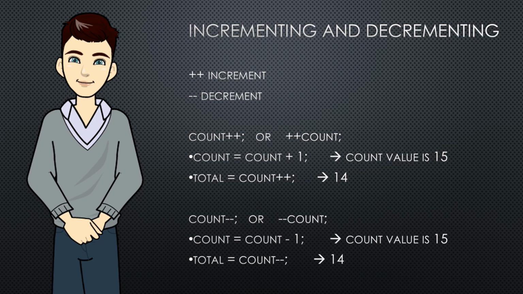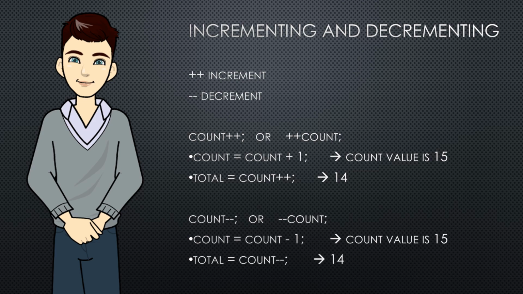So, in the first example, we have the variable count, and we set it equal to the value of count plus 1. So, if the value of count is 15, then Java will increment the value by 1 and print the result by replacing the variable total with the new value, which is 16.